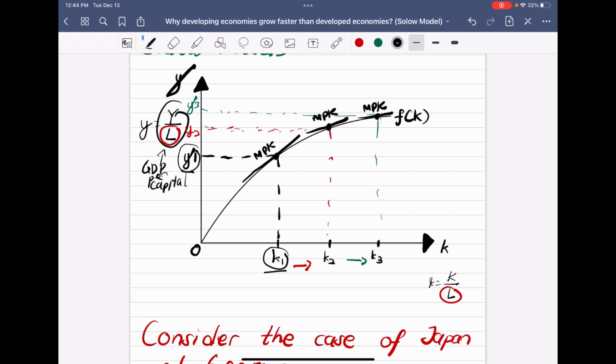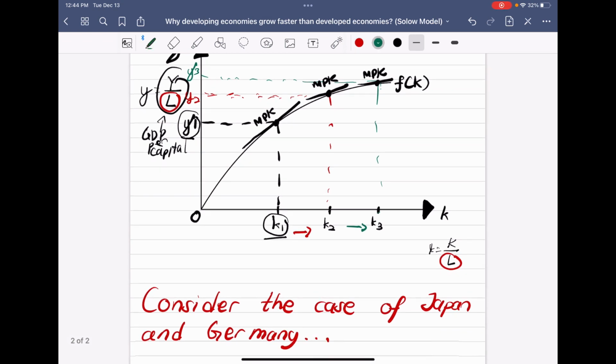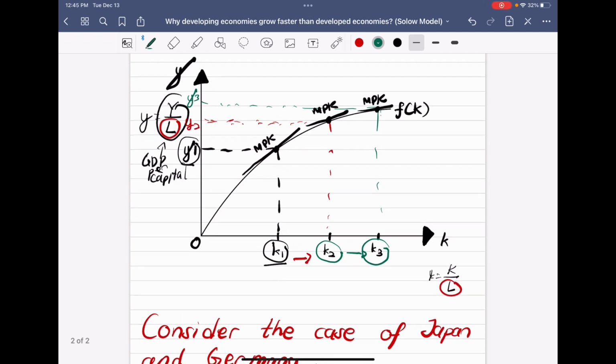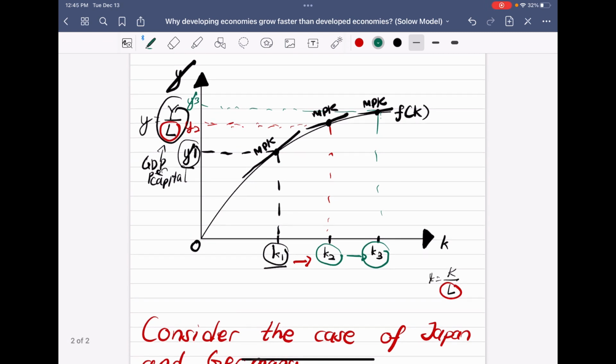So that is the rule of diminishing returns for the marginal product of capital. Here we can see a graph which just portrays that rule. If capital per capita increases for a certain amount of labor, it will boost income per capita, which is GDP per capita essentially, but at a slower rate.